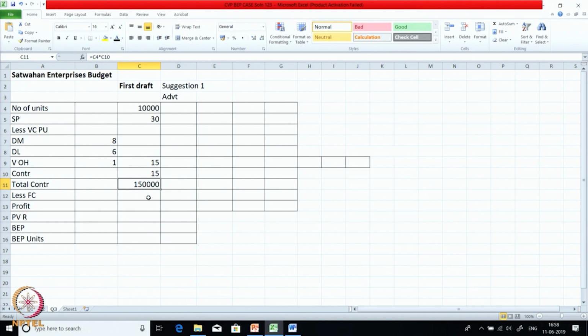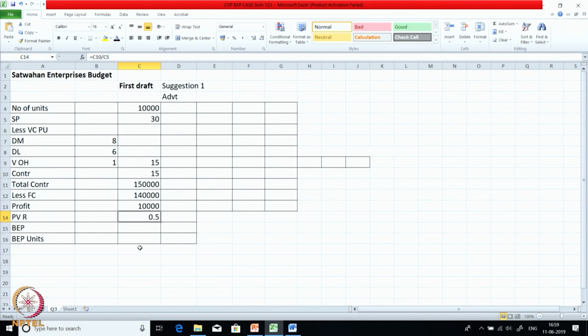Total contribution 150, 140 is the FC, profit is 10,000. This much was already given. Compute the PV ratio. PV ratio, you know, is contribution upon sales. Orally also you can do it, it's 50%.